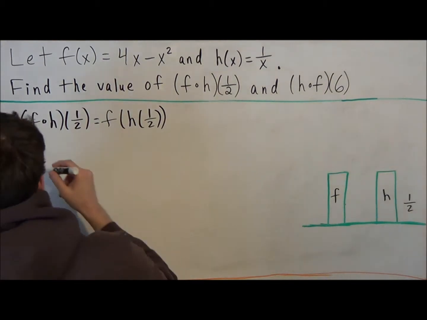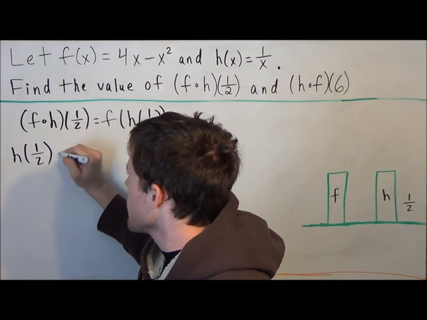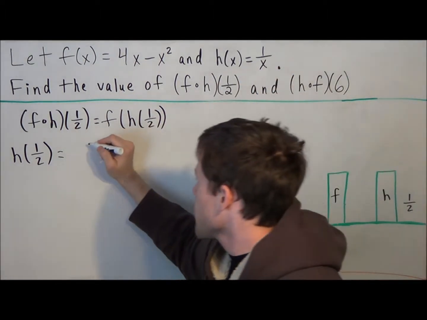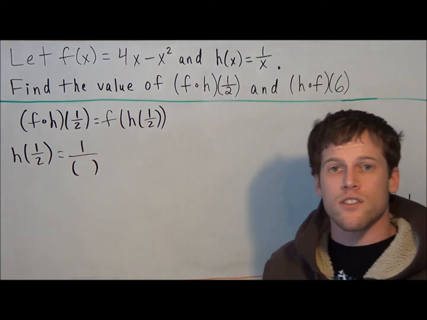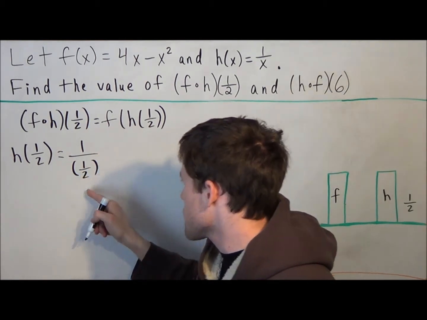So we look here, and we have h of 1/2 equals, and now notice for the function h of x, we have 1 over the variable x, but we're replacing x with 1/2 here. So we're just going to write a 1/2 inside the parentheses.